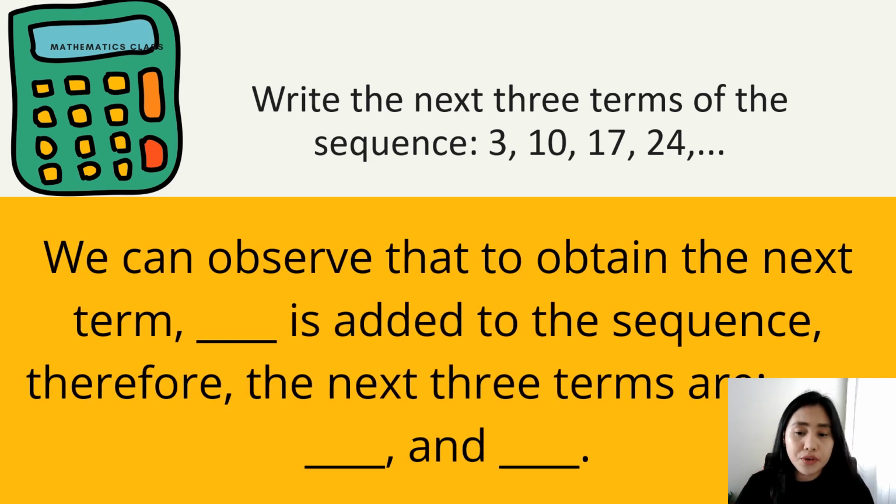We can observe that to obtain the next term, blank is added to the sequence. Tama, 7 is added to the sequence for each term. Therefore, the next terms are 31, 38, and 45.